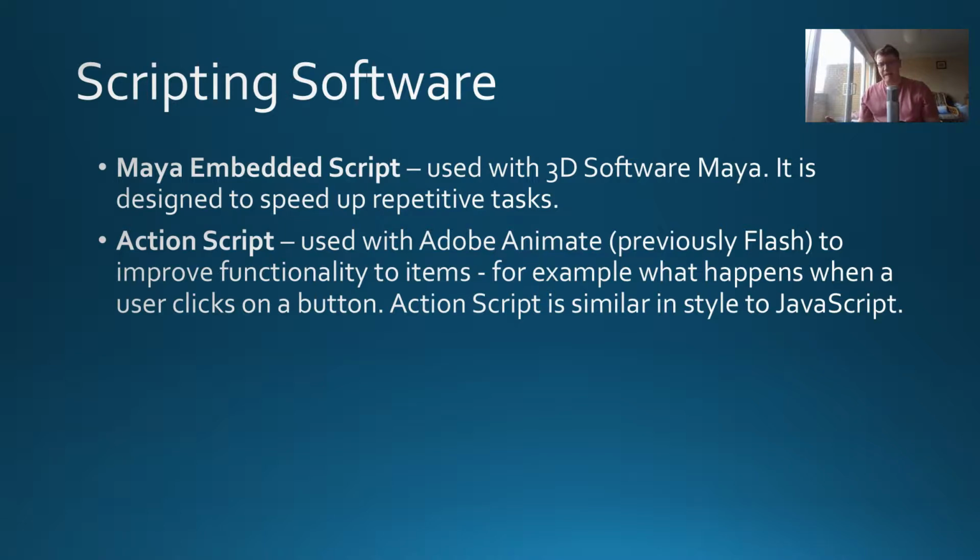It could be as basic as a rollover, or they could be doing something like a quiz, and you're keeping count of what the end user is doing. ActionScript is very similar to JavaScript in the way that it works, but it isn't so forgiving. If you make an error within your ActionScript, it's simply not going to work.